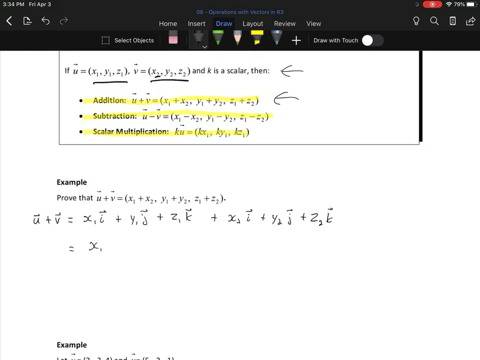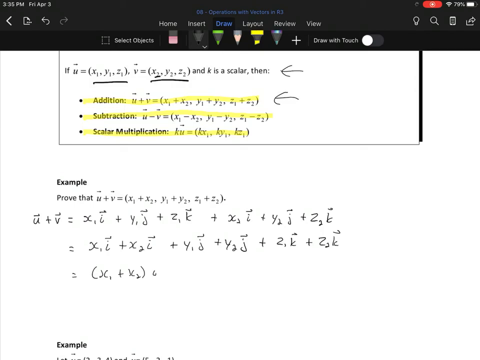And now I'm just going to reorder the addition because addition can be done any order I want. So I get x1 i plus x2 i plus y1 j. I'm going to go over and get the other j, y2 j. And then the k's, z1 k plus z2 k.